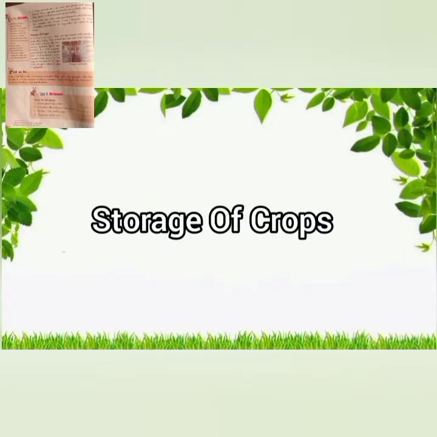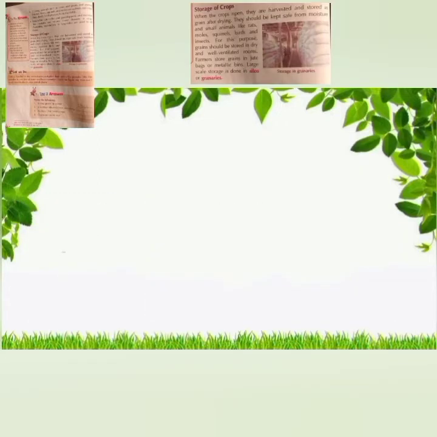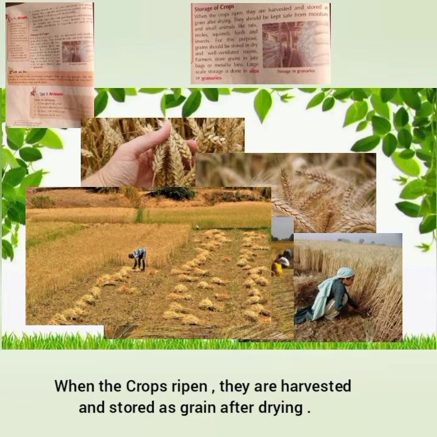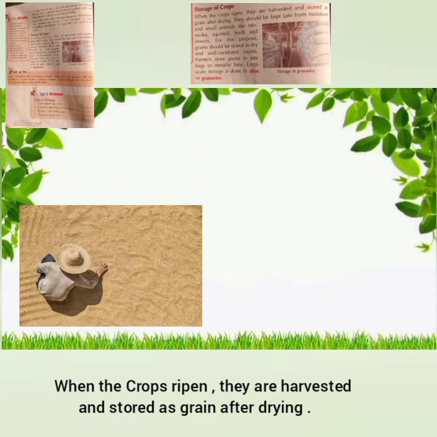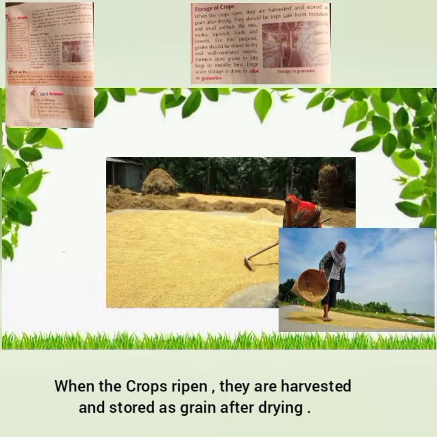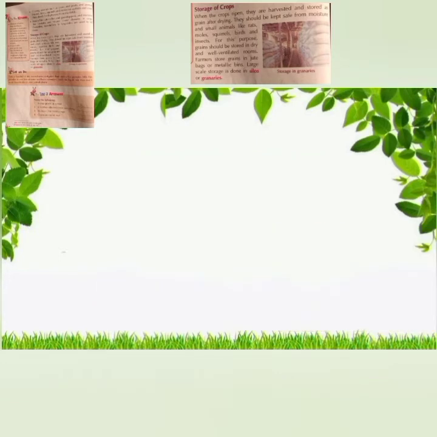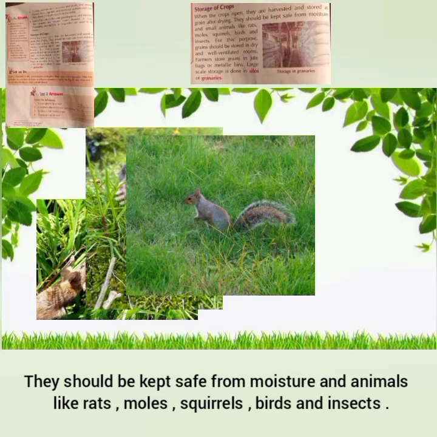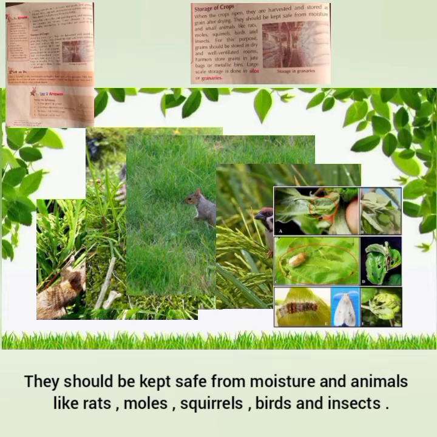Storage of crops. When the crops ripen, they are harvested and stored as grain after drying. They should be kept safe from moisture and animals like rats, moles, squirrels, birds, and insects.